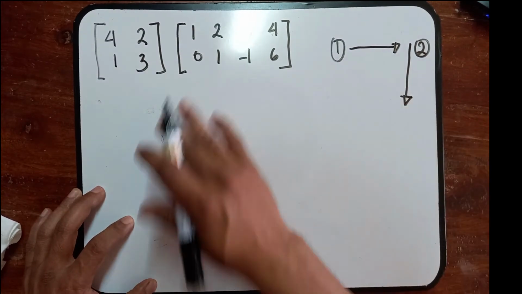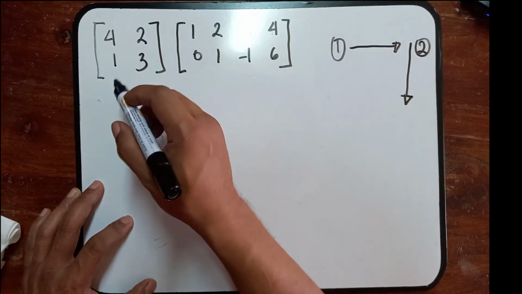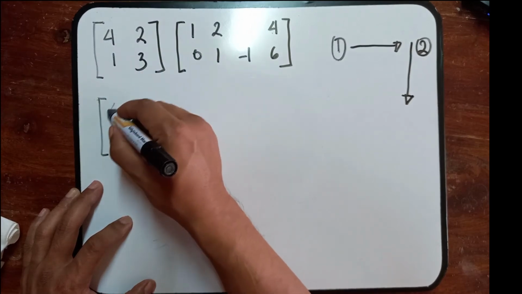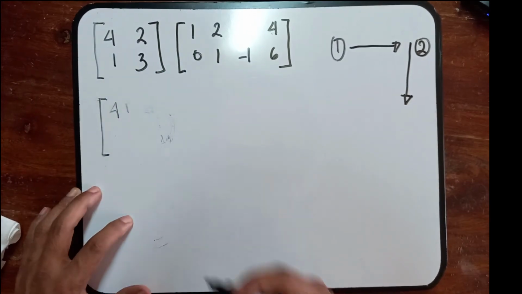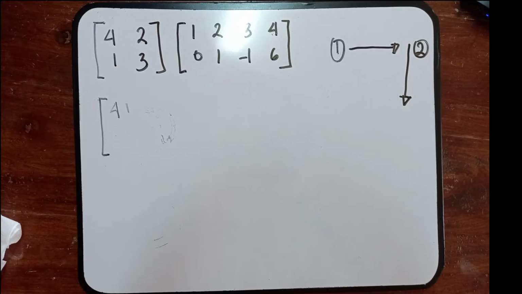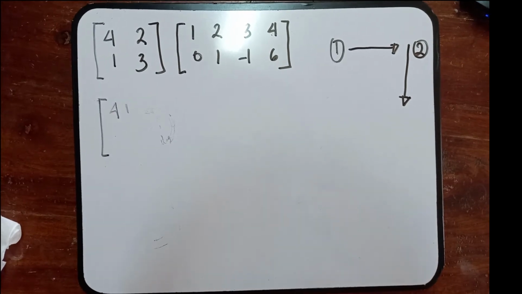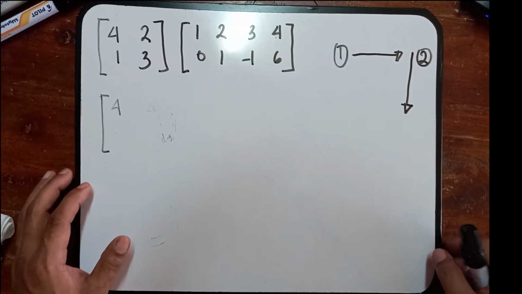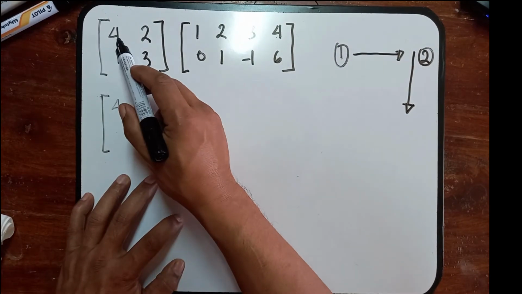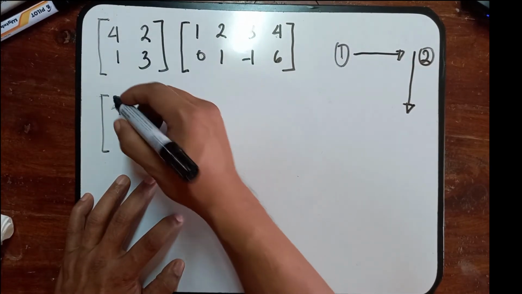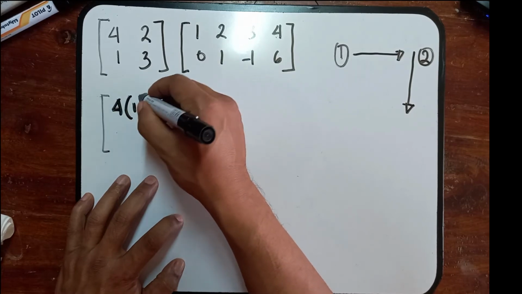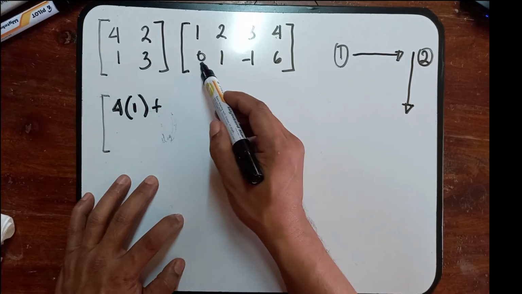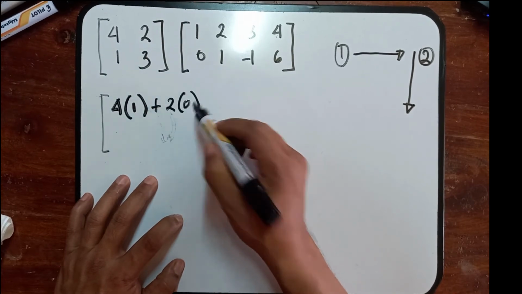Let's do that in action. Let's start with 4 times 1. So we write here 4 times 1, plus 2 times 0.